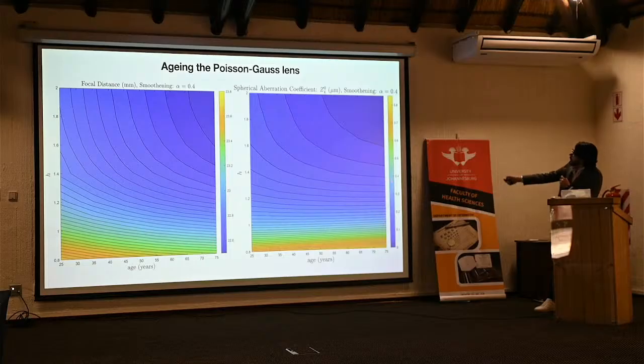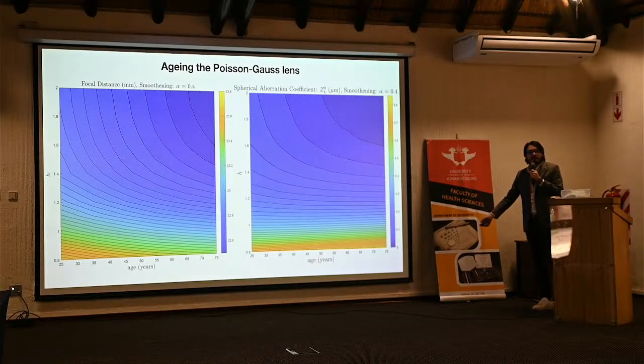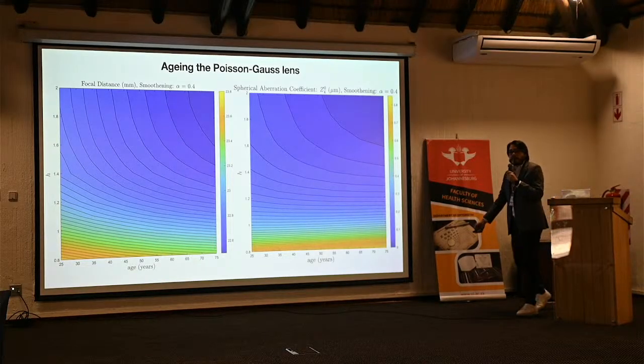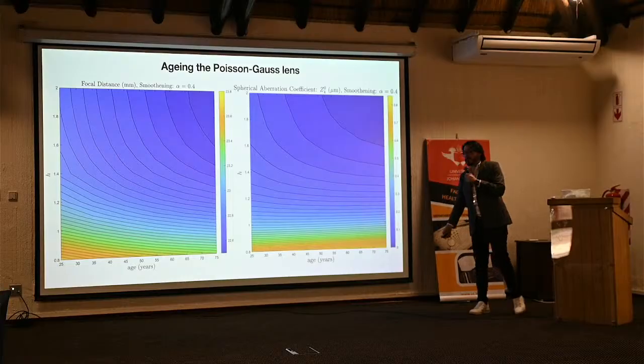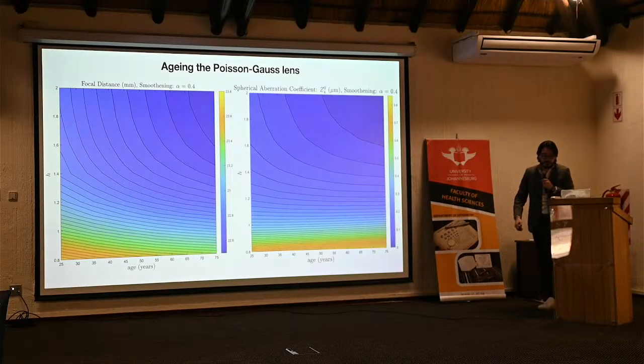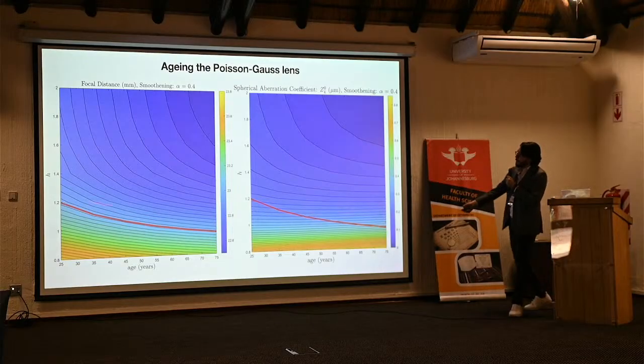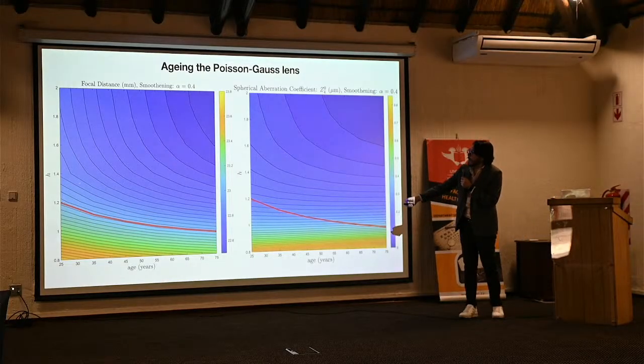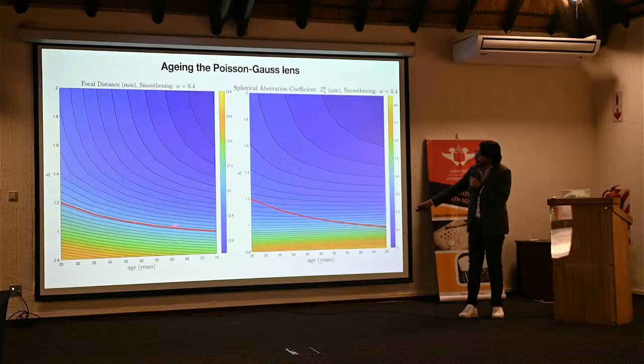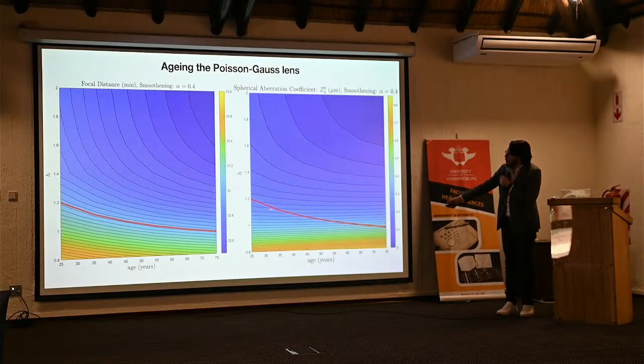That is, the aberrations increase. So maybe the aberrations are increasing because of the flattening of the refractive index. If we take the parameterization of the flattening in terms of age, we will have this curve.